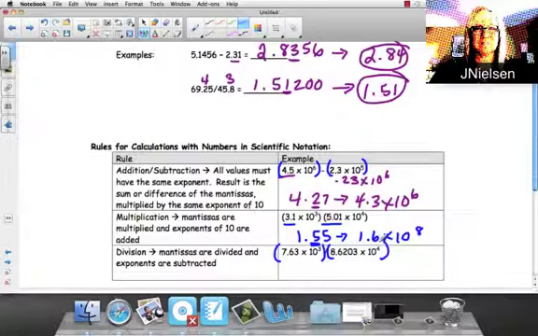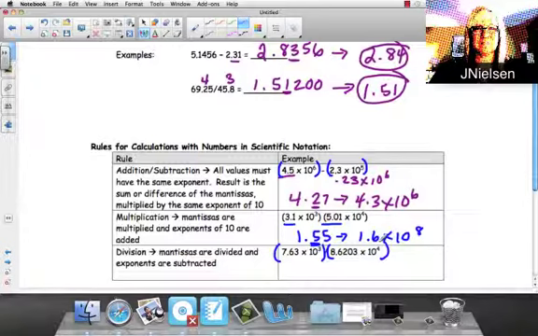So we've got 7.63 times 10 to the 3rd, and we're going to divide by 8.6203 times 10 to the 4th. Try that again. 7.63 times 10 to the third divided by 8.6203 times 10 to the fourth.